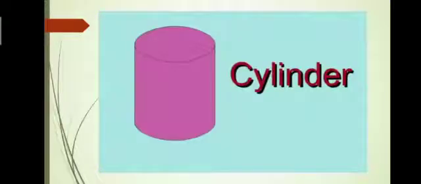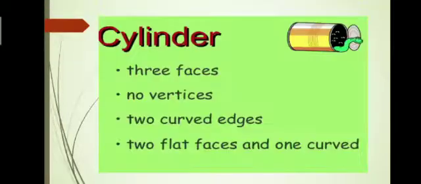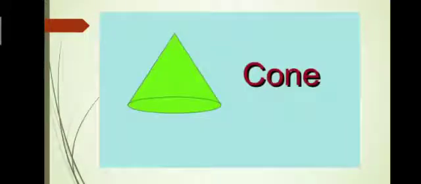This is a cylinder. A cylinder has no vertex. It has 2 edges and 3 faces. One face of a cylinder is a curved surface. 2 faces of a cylinder have plane surfaces. Students, this is a cone.